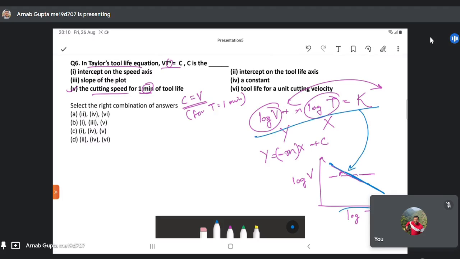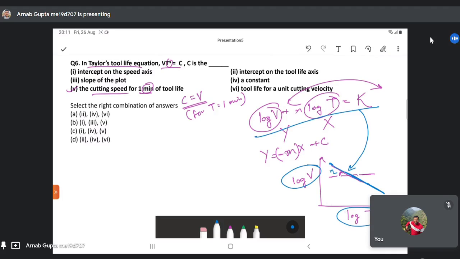So here it should be logarithmic scales, not normal linear scales. So the slope is defined by n, and k is the intercept. So if you put log t equal to 0, then k is log v, right?